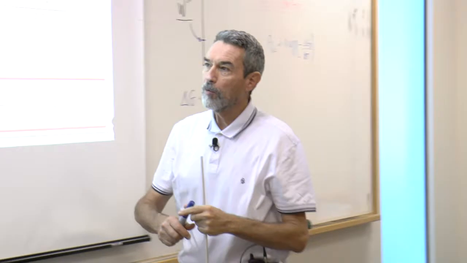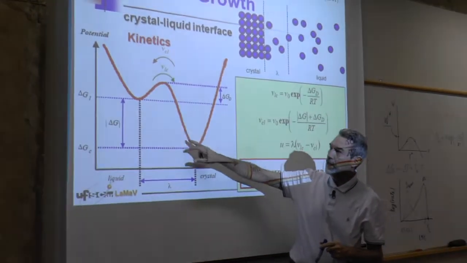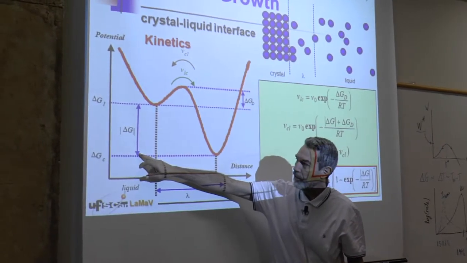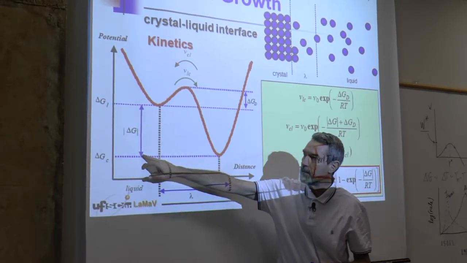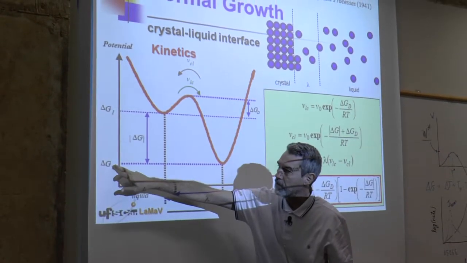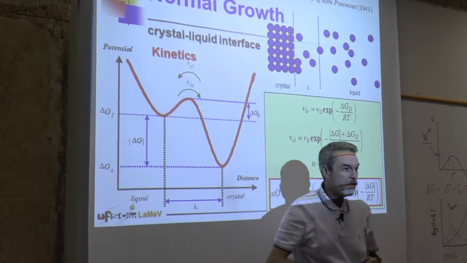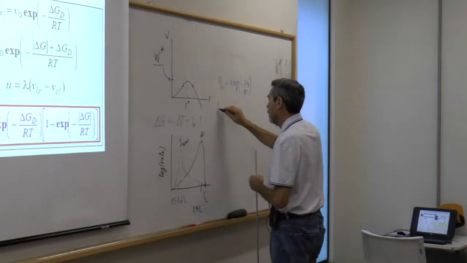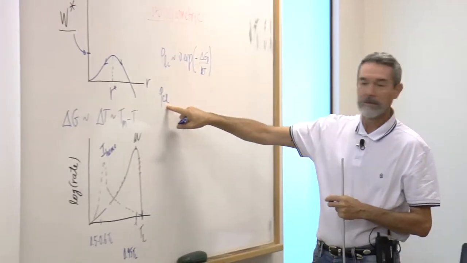So now the probability to go back from here to here has to overcome this delta G barrier. This is the free energy difference between the crystal and the liquid, plus that one. So now we have the probability of going back from the crystal to the liquid.